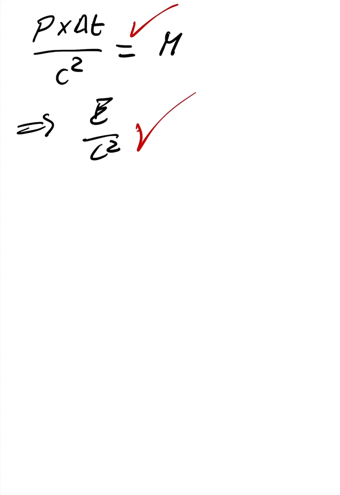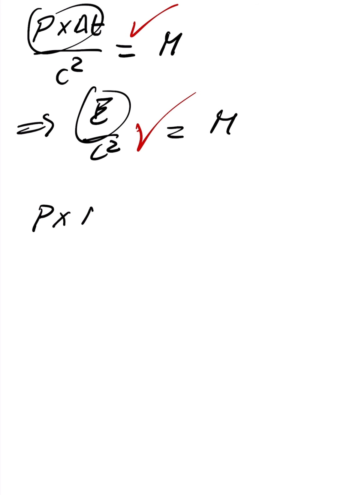And this is correct as well. Now, to make it correct, I need to write equal to mass. But it's just to show you guys that this is equal to this. And you can replace the formulas. So we could also write P times time is equal to mass times speed of light squared.